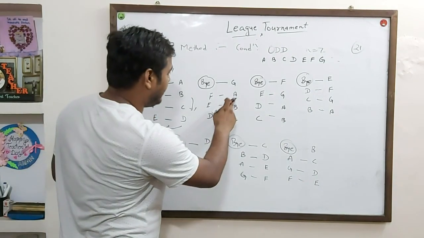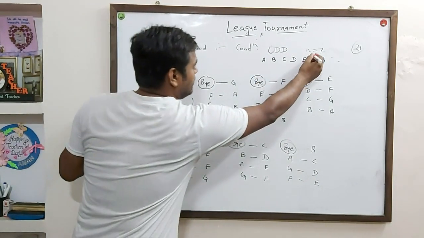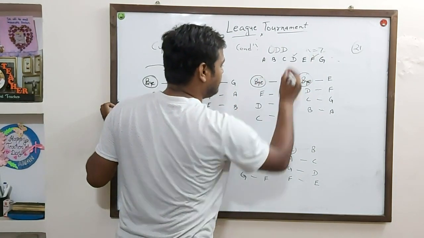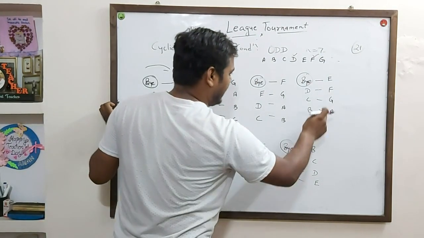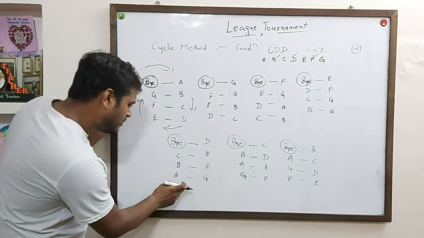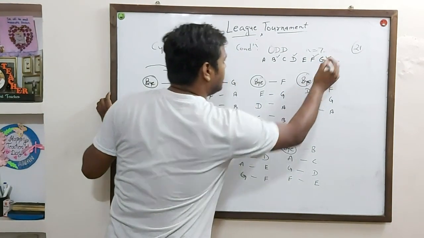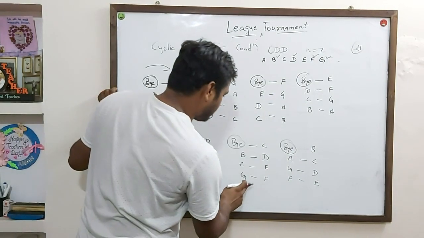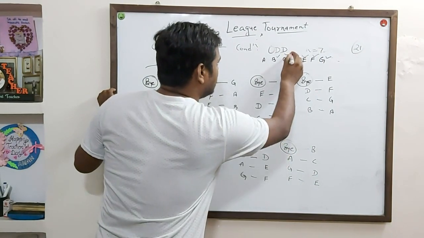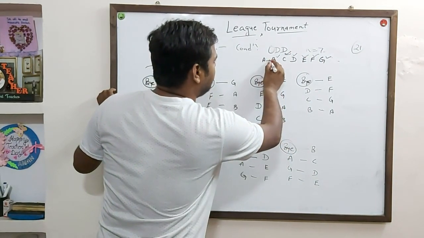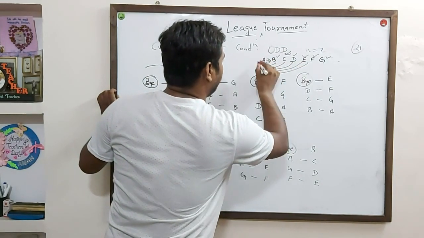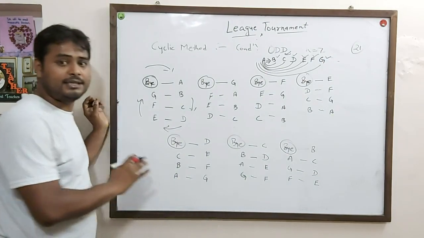In the second round team A is versus team F. In the next round team A is playing with team D. In the next round team A versus team B. In the next round team A played with G. In the next round team A versus E. And in the last round team A versus C. So you can see team A played with all the teams B, C, D, E, F and G. So it means our fixture is right.